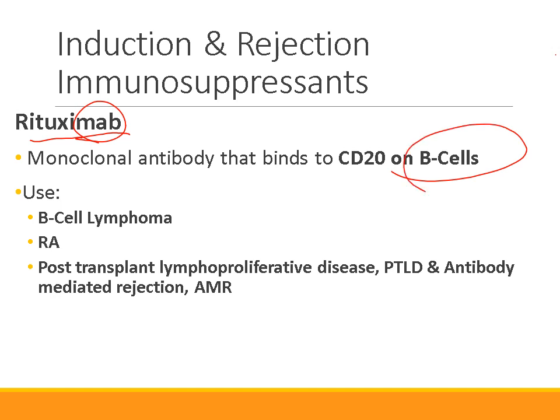So this ultimately ends up preventing activation of B cells, and it causes lysis of B cells. So it kills B cells and prevents their activation. And this binds to all different types of B cells, like pre-B cells, mature B cells, memory B cells, ultimately causing B cell depletion.